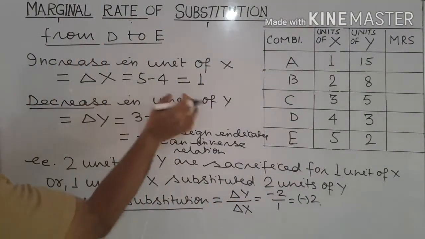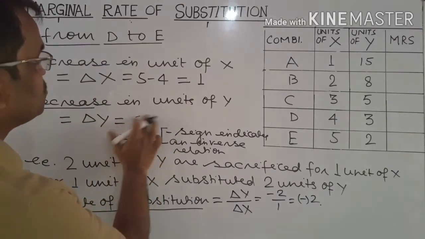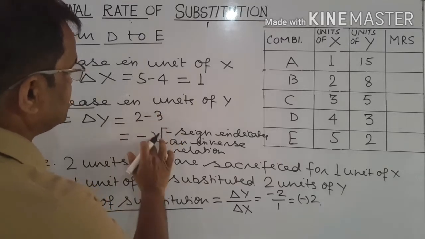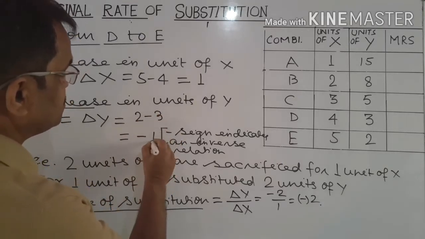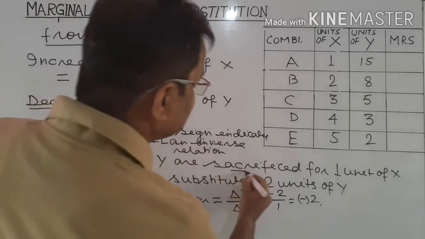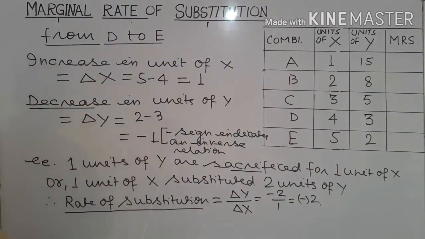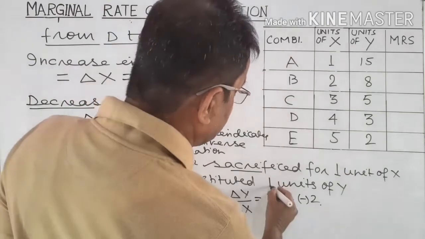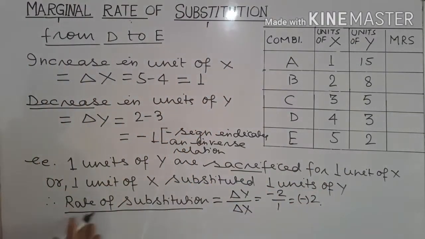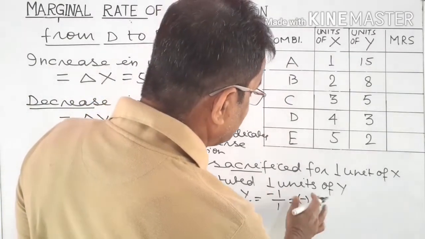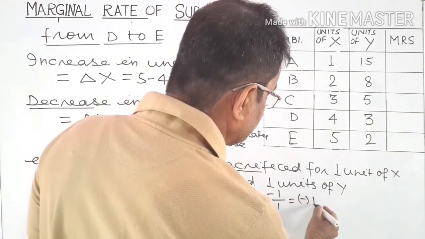But what is the decrease in the unit of commodity Y? That is equal to 2 minus 3, that is equal to 1, means minus 1. So here we write that 1 unit of commodity Y is sacrificed for 1 again additional unit of X, means 1 unit of X substituted only 1 unit of Y, and that's why the rate of substitution is equal to delta Y by delta X, that is equal to minus 1 by 1, that is minus 1.